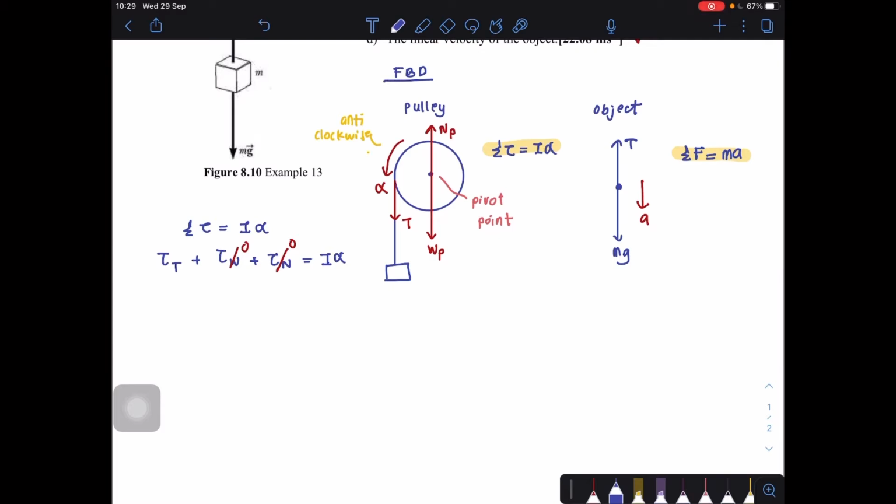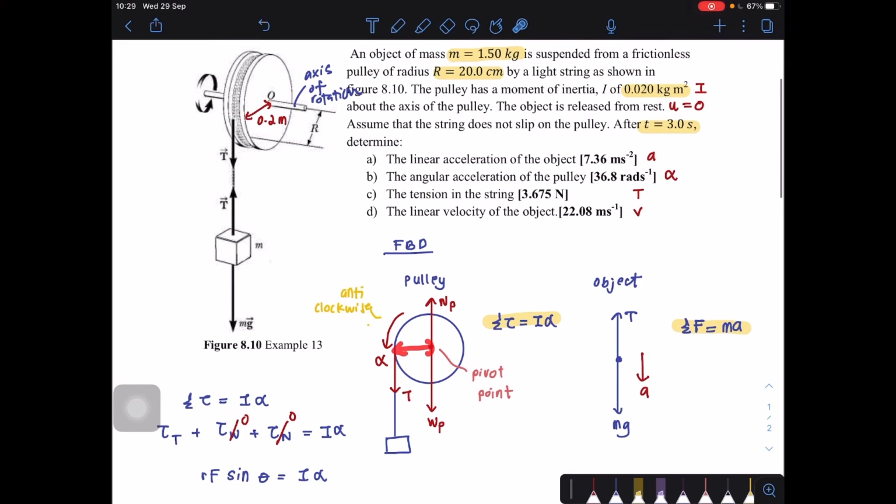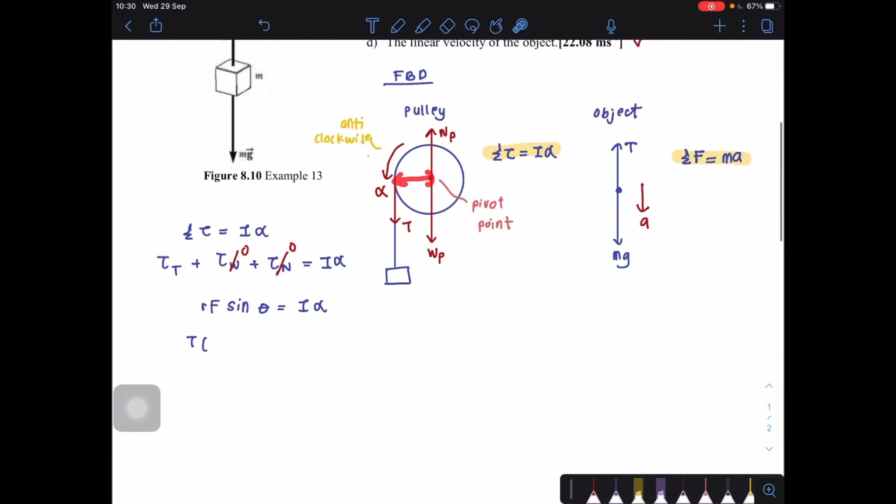Okay, and then kita akan keluarkan formula which is R F sin theta equal to I alpha. So F dekat sini adalah tension force, so boleh masukkan T. We don't know the value. The value for R is from the axis of rotation to tension, which is 0.2 meter.